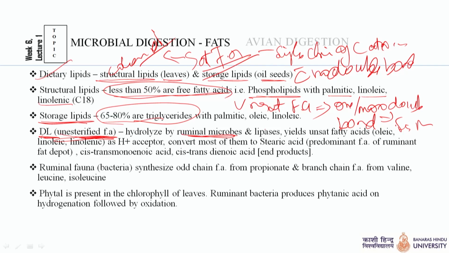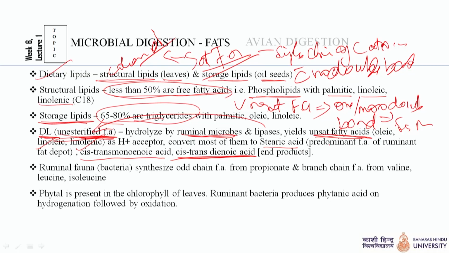These lipases act on the dietary lipids and hydrolyze them, yielding unsaturated fatty acids such as oleic, linoleic and linolenic. Then these unsaturated fatty acids in turn accept hydrogen ions and convert most of them into stearic acid or cis trans monoenoic acid and cis trans dienoic acid, which is an end product of the lipid digestion.